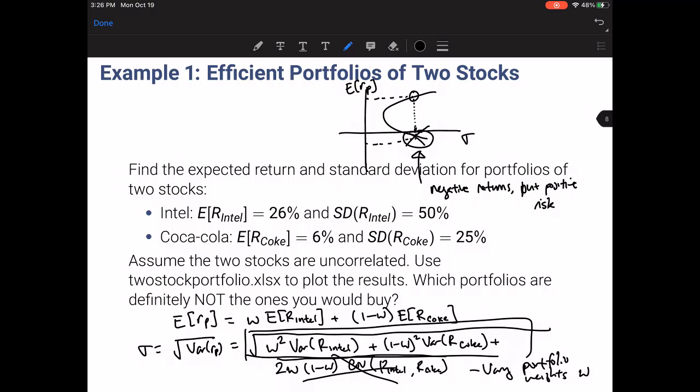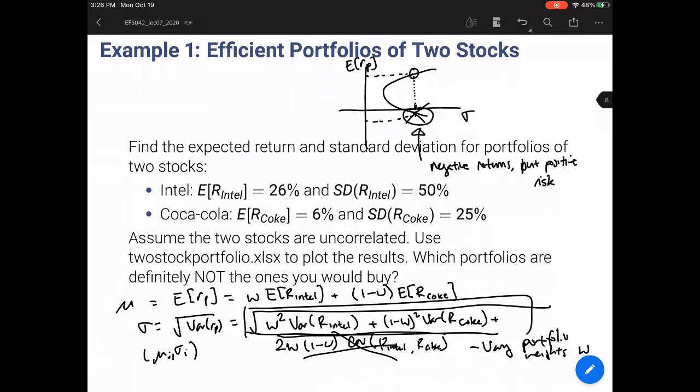And then plot the coordinates for the weights and volatility point pair, right? Because I'm going to use mu here, you'll be able to generate mu and sigma for every different weight you decide to use. All right, so that's what you were supposed to do.